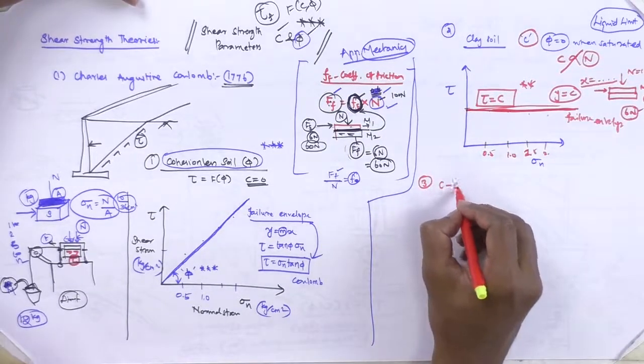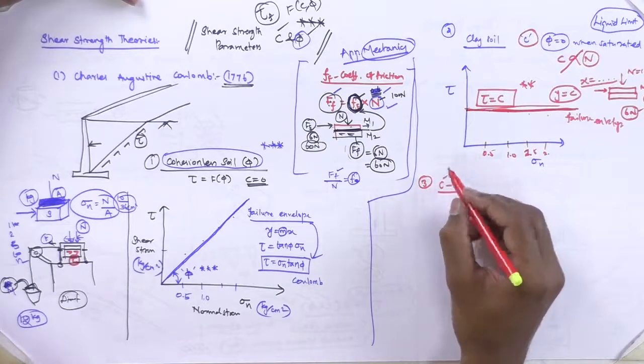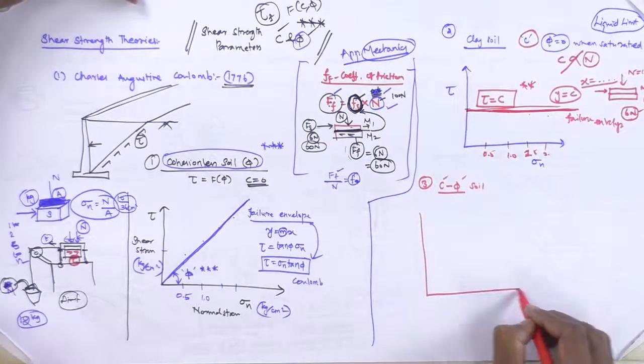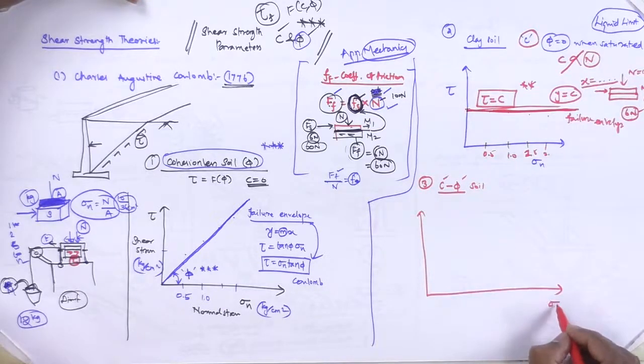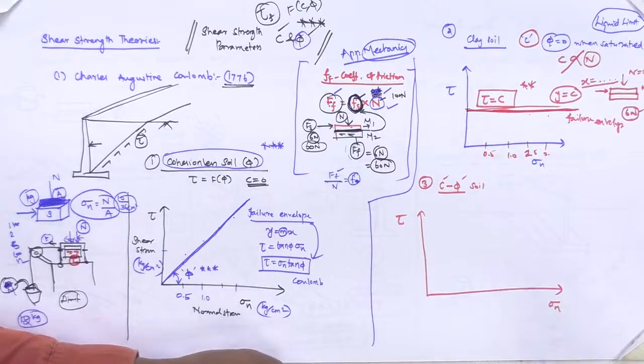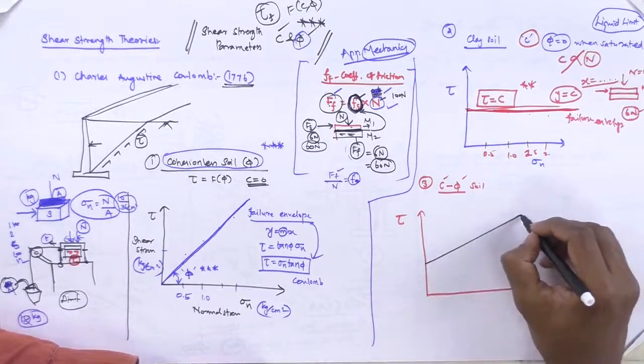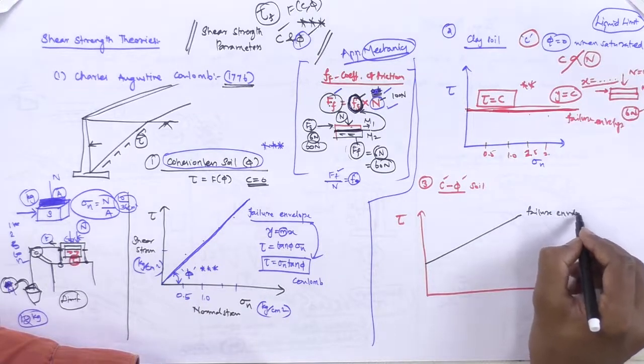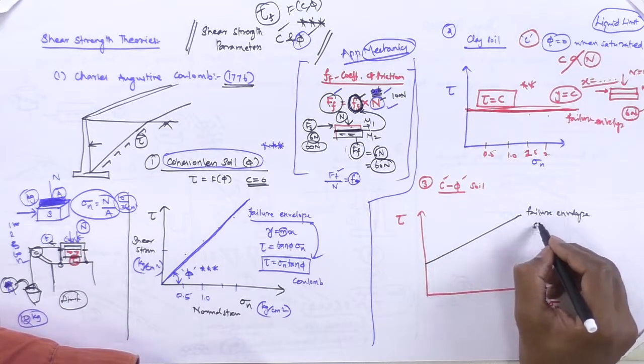Now say a C-phi soil, which is mixed, has cohesion and angle of internal friction. So a mixed C-phi soil. This is the normal force applied and this is tau. So we get the failure envelope equation like this. This is known as the failure envelope or strength envelope.